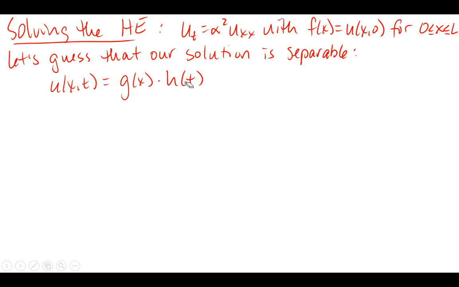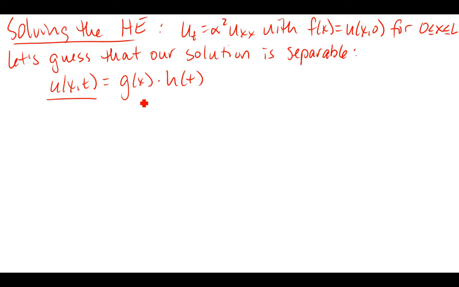Now, of course, that's not true all the time. There are many functions of two variables that are not separable. But if you were trying to guess the easiest thing, or something that might have nice properties, this is a reasonable thing to guess, because functions of two variables are like crazy hard to do stuff with.